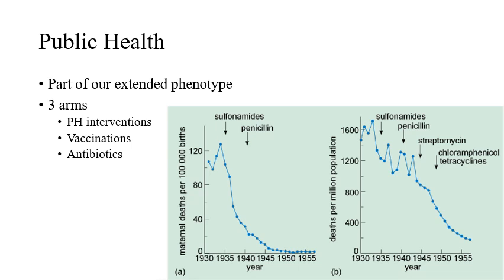antibiotics are also, I mean, you can make an argument that they're just as important as vaccinations, right? In the graphic, you can see the introduction of various types of antibiotics has led to a dramatic reduction in deaths per million individuals. It's also made possible things like surgery.